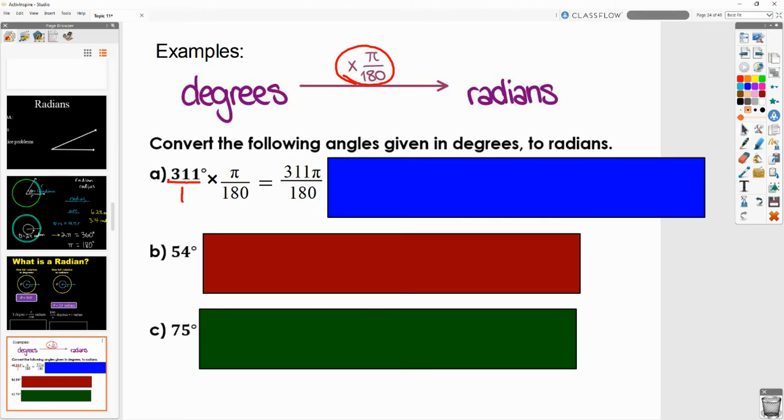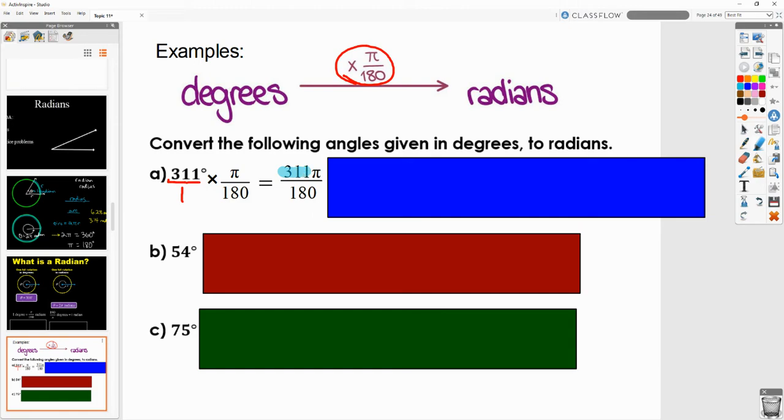Okay, what we're going to do is just like we did in the previous lesson. We're going to keep this in terms of pi. Okay, that is a thing that is consistent in a lot of mathematical notation, is that whenever you're dealing with radian measurements, you keep your answer in terms of pi. You do whatever multiplication or division that you need to do with the other numbers. Okay, we're going to go ahead and divide in your calculator.